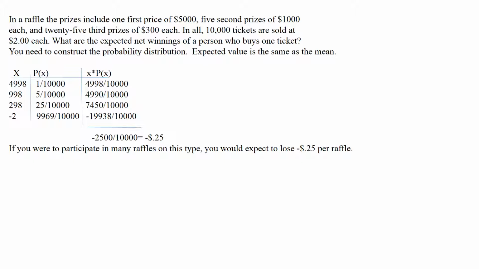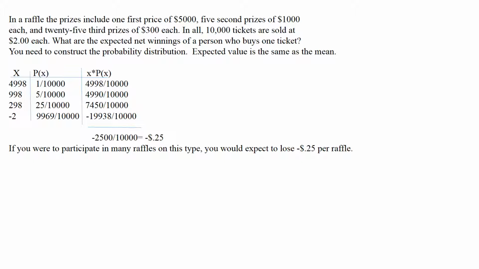4,998, because remember you paid $2 for the ticket, so you actually only win 4,998. The other values are 998, 298, and you could be out $2. You have a chance at winning one of 3 prizes, or you could lose and be out $2.